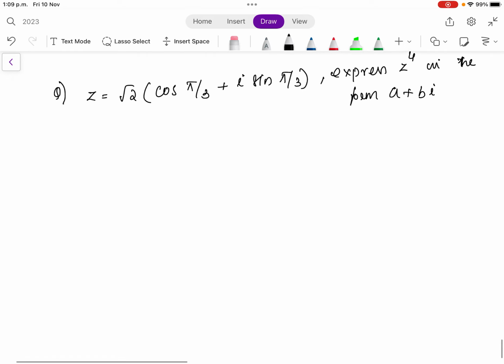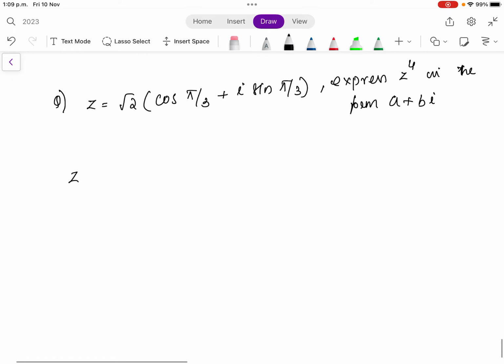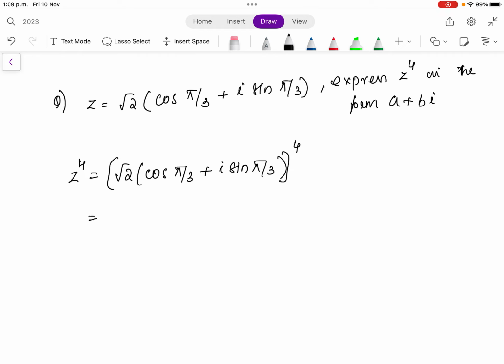Okay, so what you need to do is z to the power of 4 will be equal to (square root of 2 (cos pi/3 + i sin pi/3)) to the power of 4, and using De Moivre's theorem it will become (square root of 2) to the power of 4 (cos 4pi/3 + i sin 4pi/3).